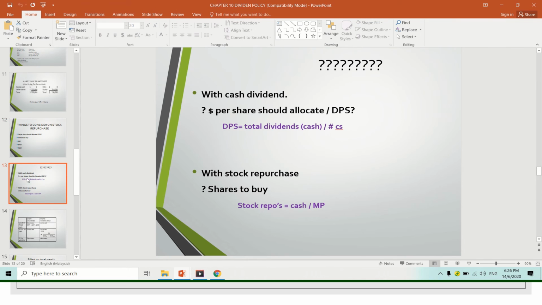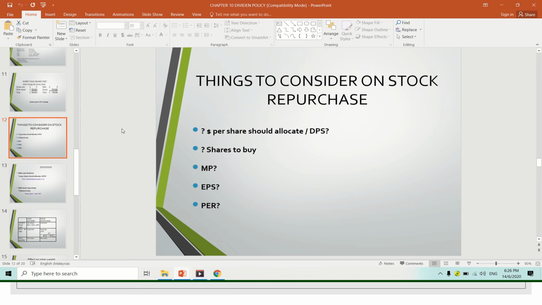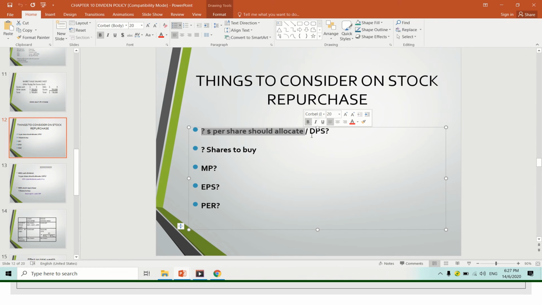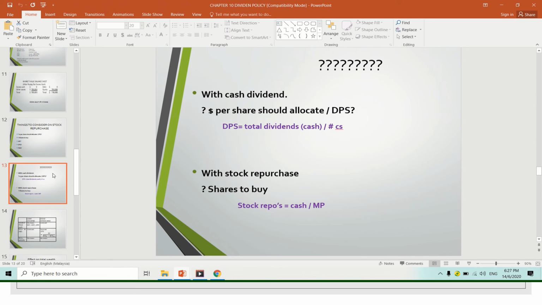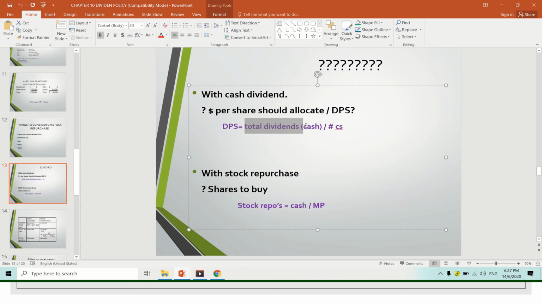With the cash dividend, when the company plans to issue a cash dividend, the thing the company should consider is what the dividend per share will be. That means how much dividend should be allocated for each share. That's what we call dividend per share. To get dividend per share, the formula is total dividend over number of shares.